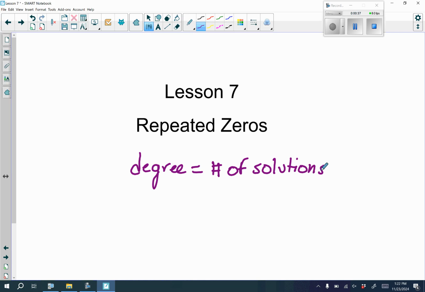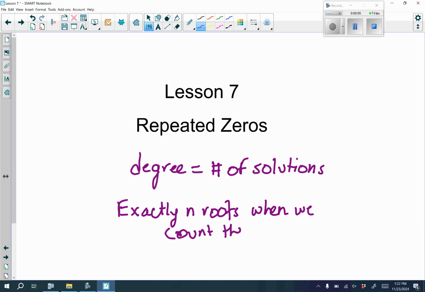Now, what we also talked about is that we get exactly that many roots when we count the repeated zeros. So that's what we're going to be working with today, those repeated zeros.